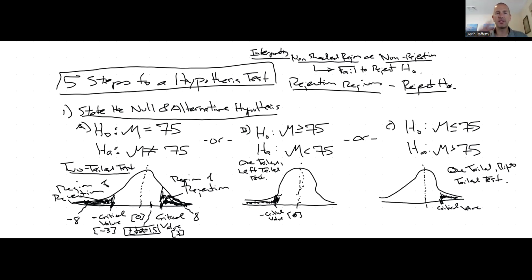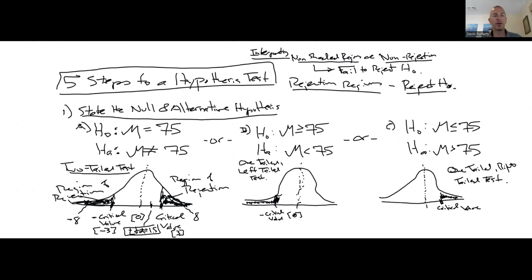Step 2, step 3, step 4, step 5, these are all going to be applicable to 1 or 2 sample hypothesis tests, but my examples are going to be geared towards the 1 sample. When we get to 2 samples, I will use that in our examples. I'll make it more germane for that lesson.